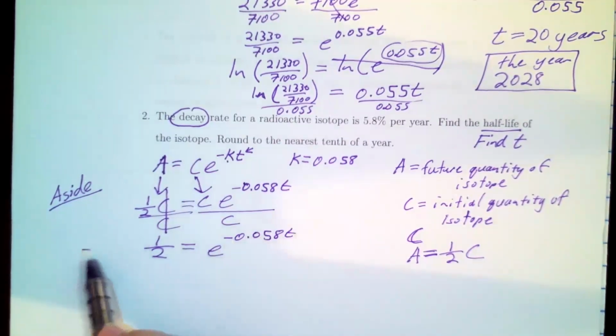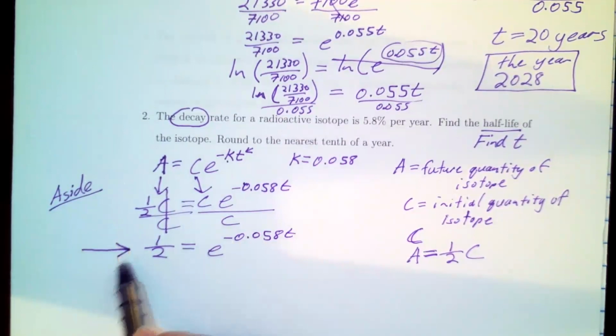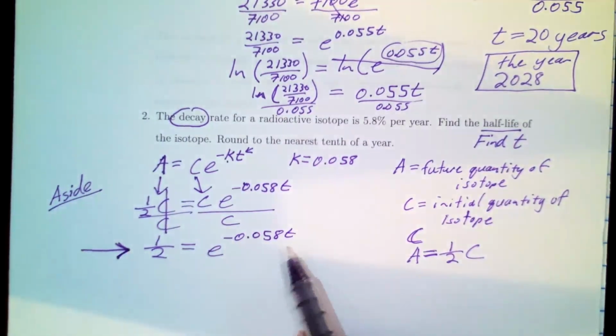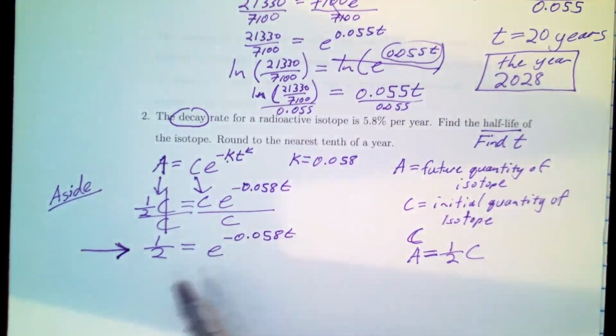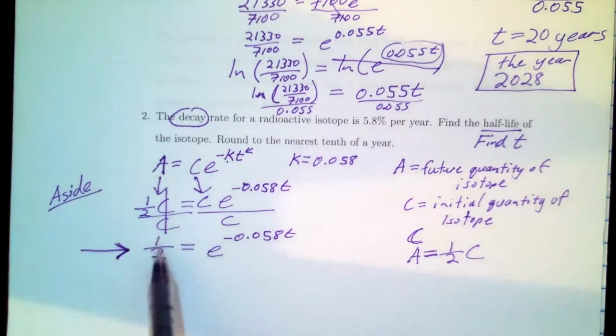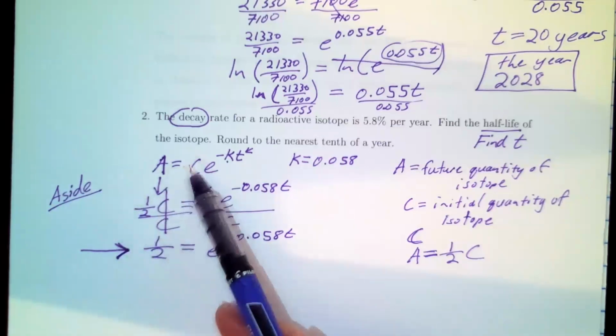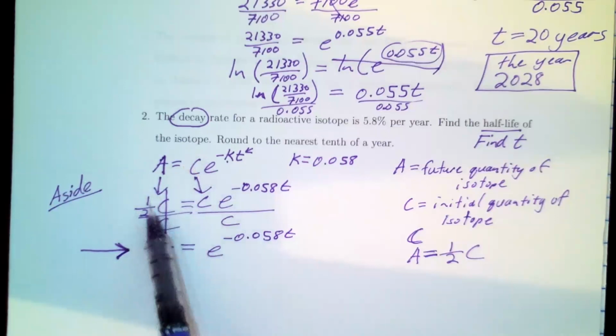This is an interesting place to make a comment. I'm ultimately going to solve for T, which means now I can take the natural log of both sides and carry on. But it's interesting to note that I have 1/2 sitting there. This 1/2 represents that half-life. The ratio of future value to present value was 1/2.